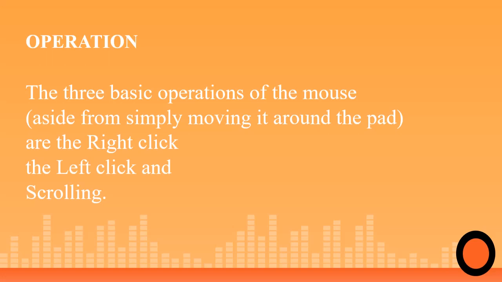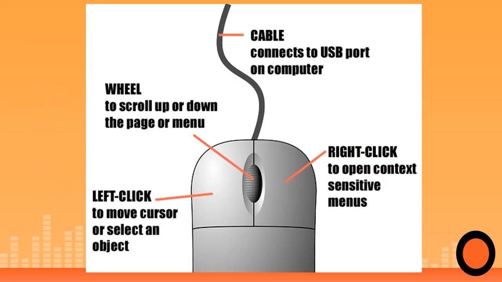I think you have already used these functions whenever you try to use a mouse. Let us learn about it in a little more detail. In this picture, you can see how the left click, right click, and the wheel are labeled. This is how your mouse also looks like.